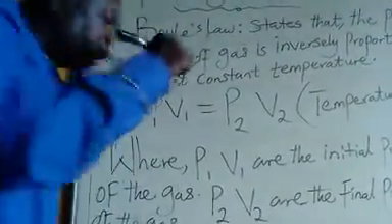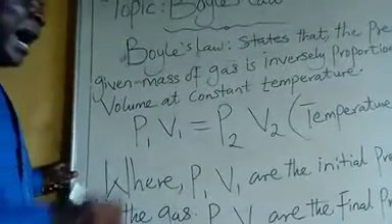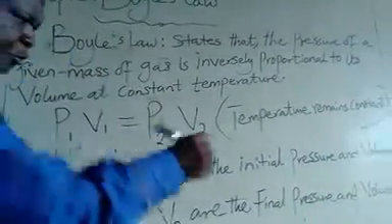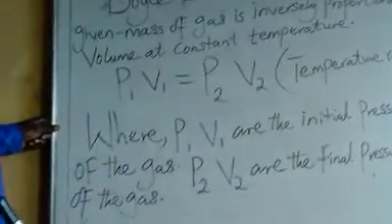P2 V2 are the final pressure and volume of the gas.